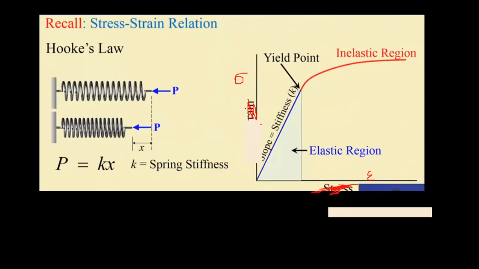When there's a region where your stress and strain increase linearly, we call it the elastic region. Beyond that point, you have larger strains even for a constant stress, so that means it is non-linear. This is the linear region.